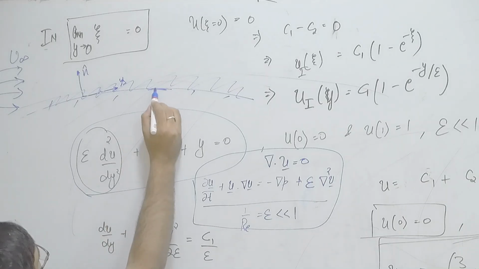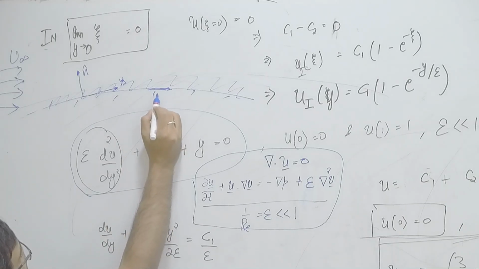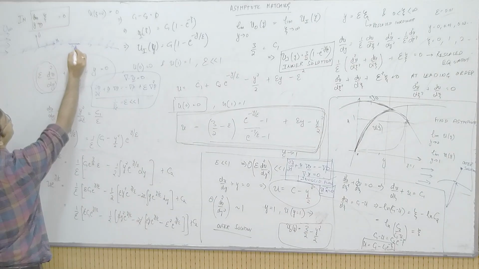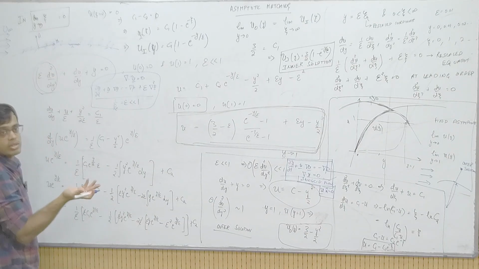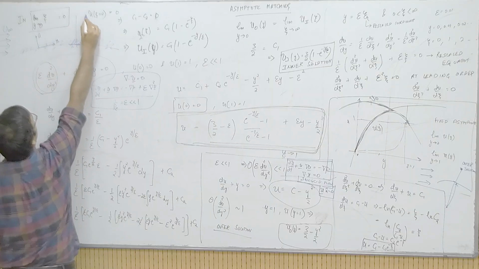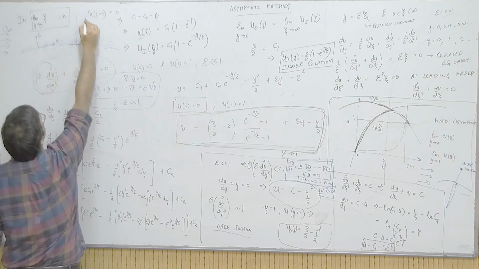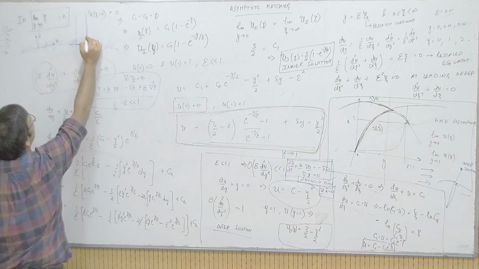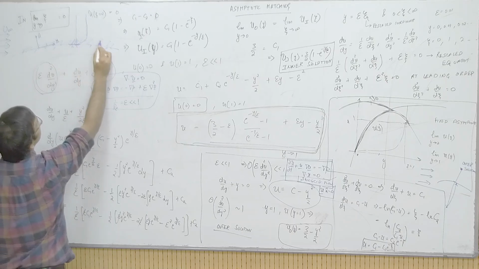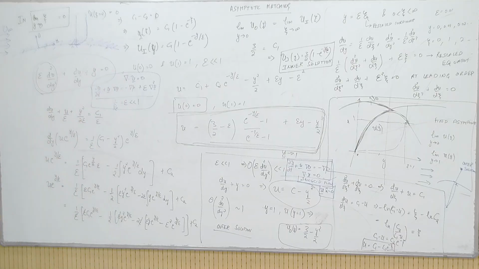So the tangential velocity here has to go to 0, but our outer solution cannot give us that. The inviscid flow solution cannot give a zero tangential velocity because it cannot support those boundary conditions. So whatever flow velocity you have in the outer flow region has to drop to 0 in a very thin region next to the surface.